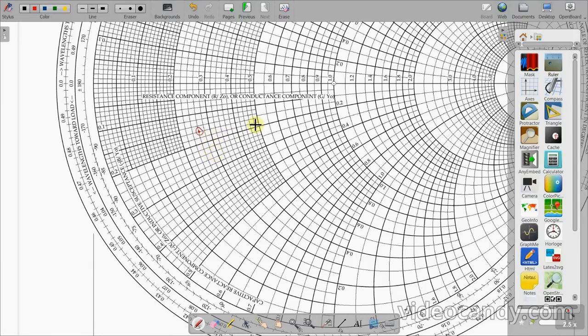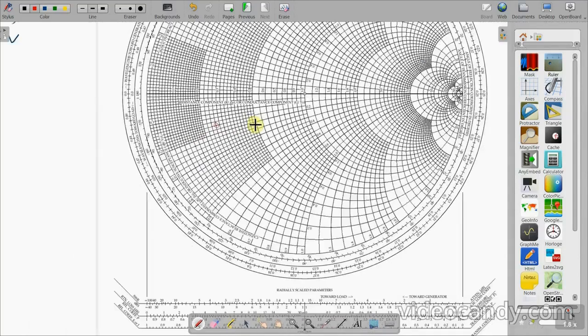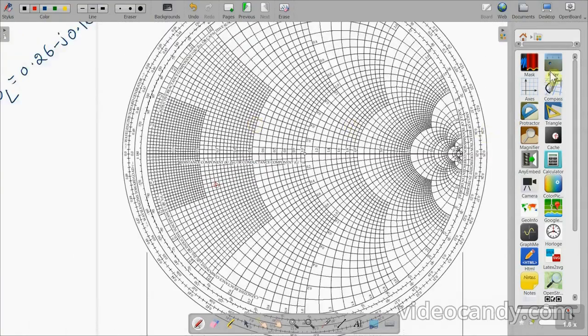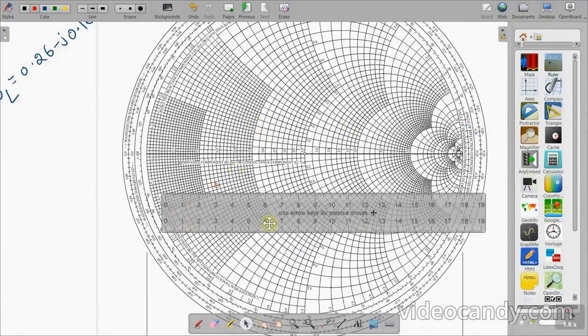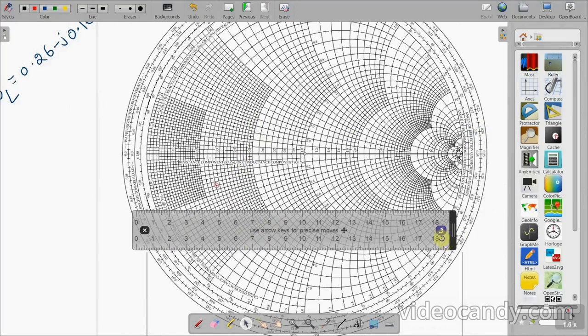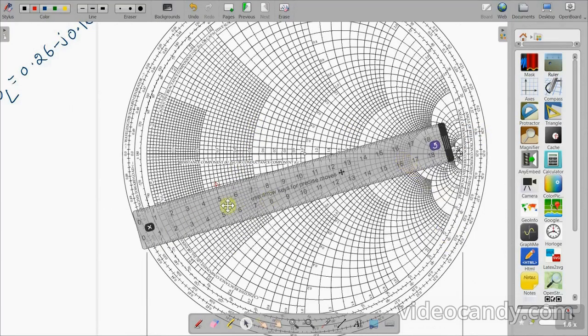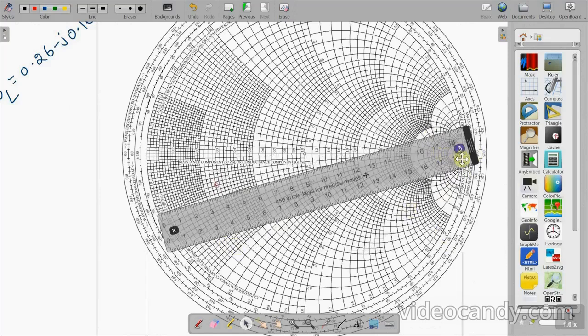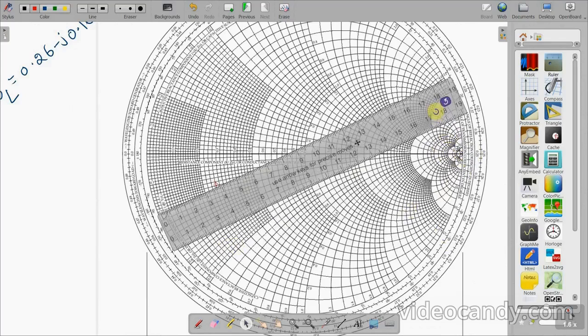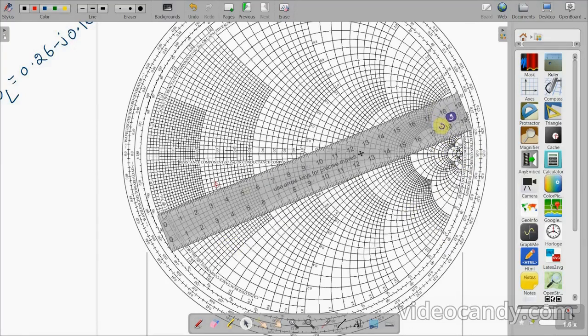Once we mark the normalized load impedance with a scale, join the point with the center of the Smith chart, which is the matched load point. You can see the scale is being adjusted so that we can join the center to the marked point.